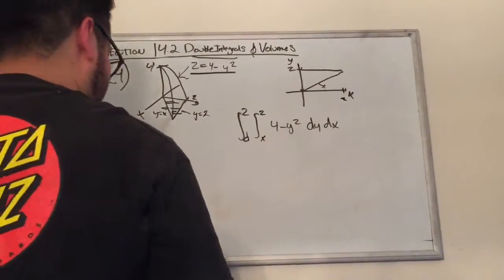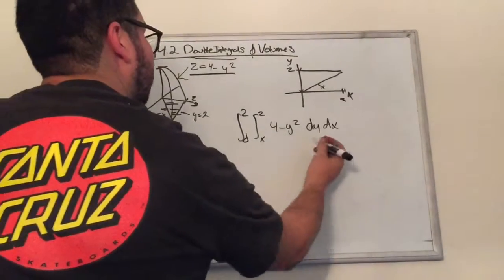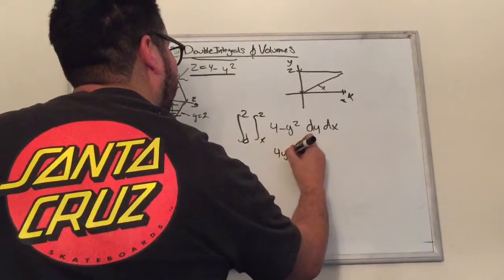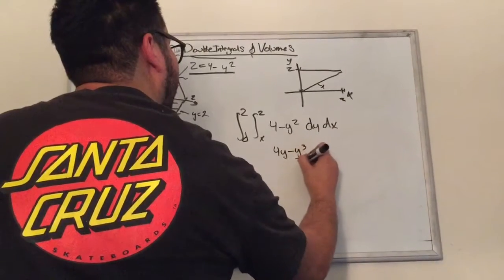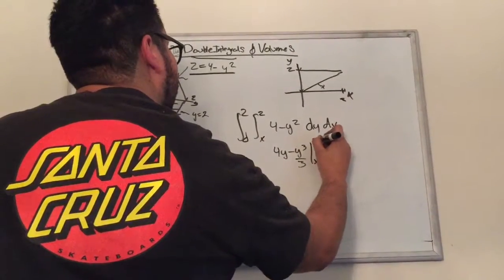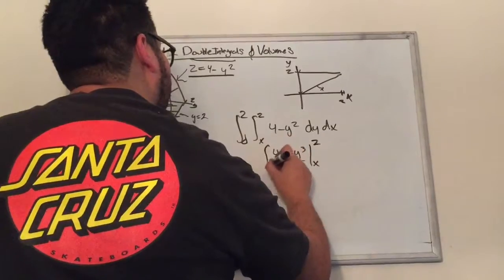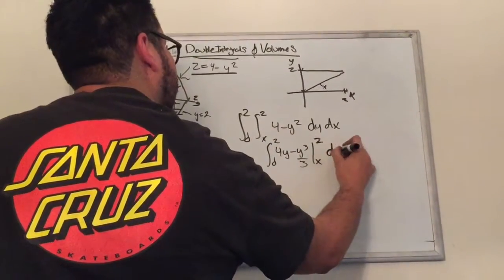Okay, so now we got it set up, then we can just go ahead and take care of this problem. So 4y minus y cubed over 3, and then x squared, okay, 0 to 2, and then dx.